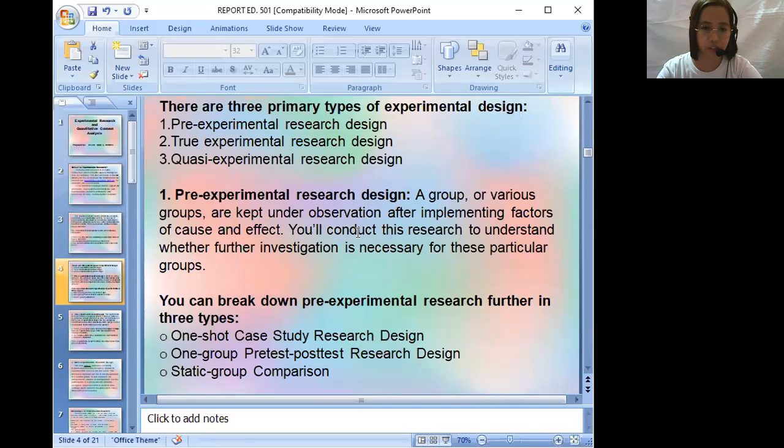You'll conduct this research to understand whether further investigation is necessary for these particular groups. You can break down pre-experimental research further in three types. First, one-shot case study research design. Second, one group pre-test, post-test research design. And then we have static group comparison.